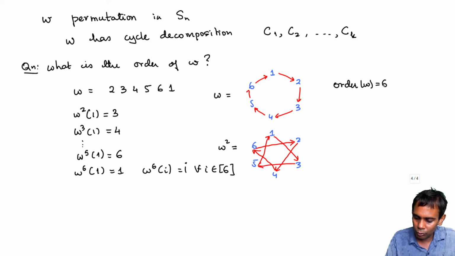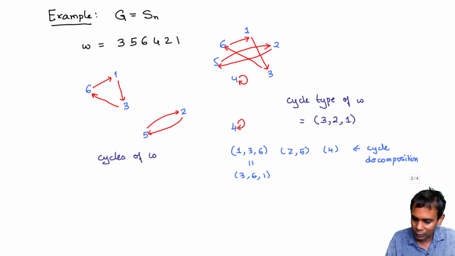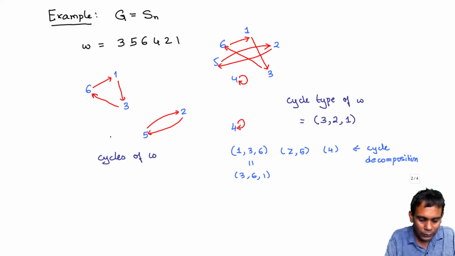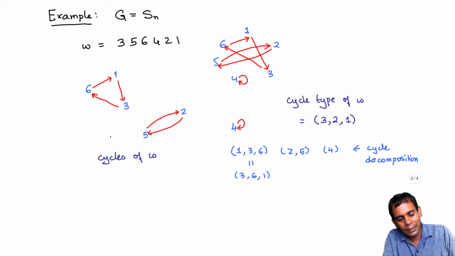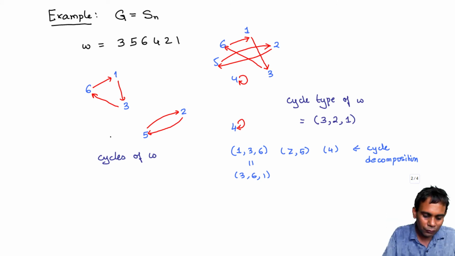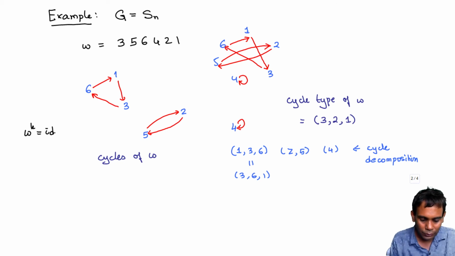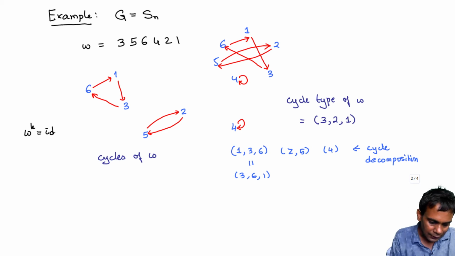Okay, now let's go back to this element that we were looking at here. It has 3 cycles and I want to know what its order is. What I know is that on this cycle it will take all the elements back to themselves. So I want to know when W to the k is equal to the identity.